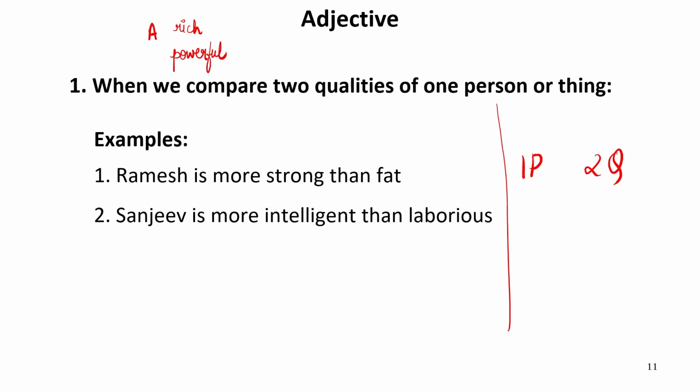That he is more rich than powerful. Whenever we convert a positive degree of adjective into comparative degree, we either add prefix "more" or we add suffix "er". This is how we convert positive degree of adjective into comparative degree.